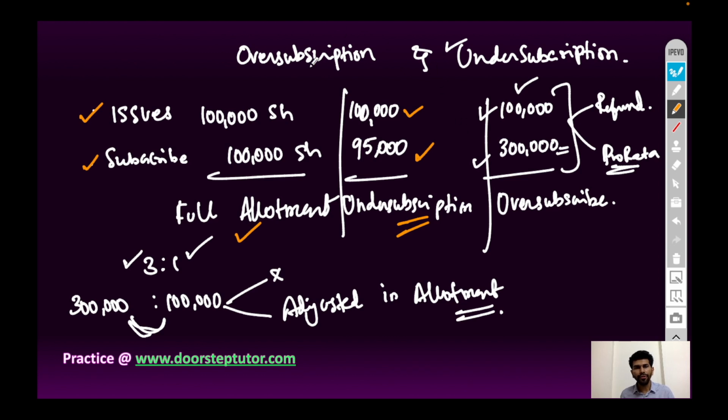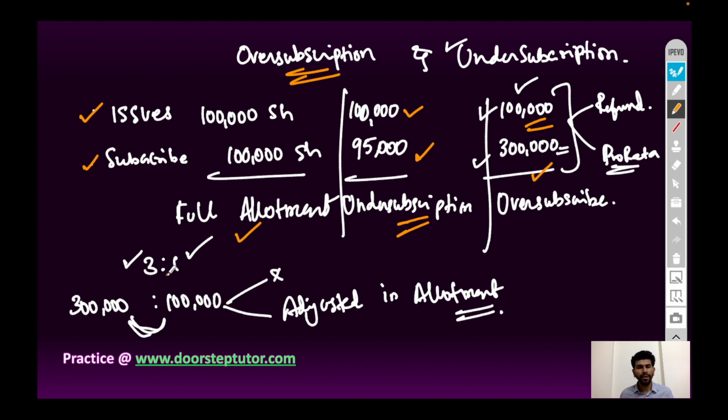But in case of oversubscription, if shares are issued for 1 lakh and the public have demanded 3 lakh, in this case the company has to make a decision either to refund the money received in excess of 1 lakh shares, or they have the option to allocate the shares on a proportionate basis, that is pro rata basis.